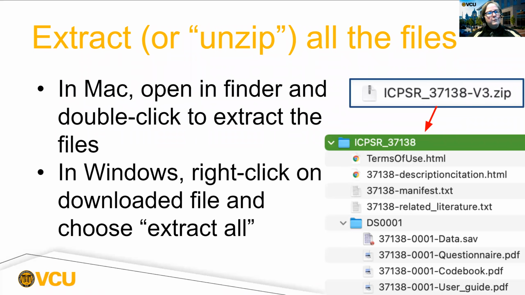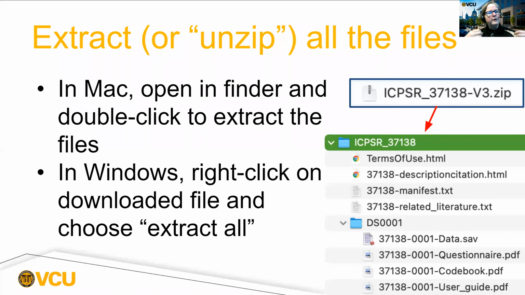The reason I say that it won't help to just click on it is you need to unzip the files, or extract the files. When you download a data package, you're downloading a lot of files together. So you're downloading some PDFs and some lists of citations, and you're downloading the code books. And so you've got a lot of different stuff.